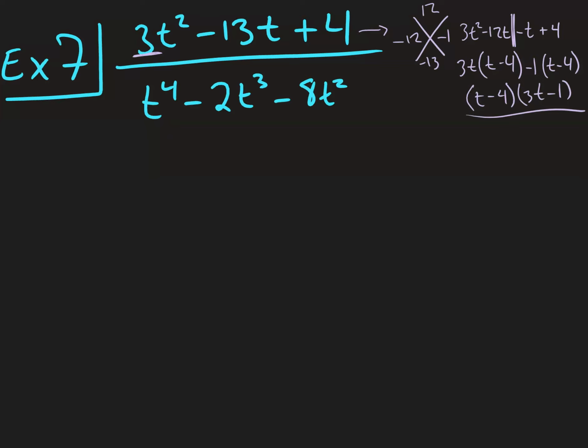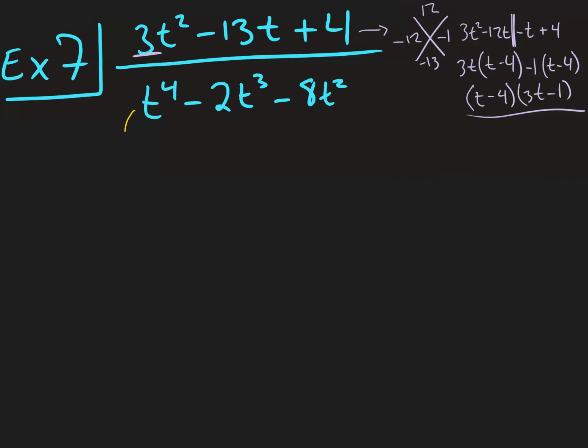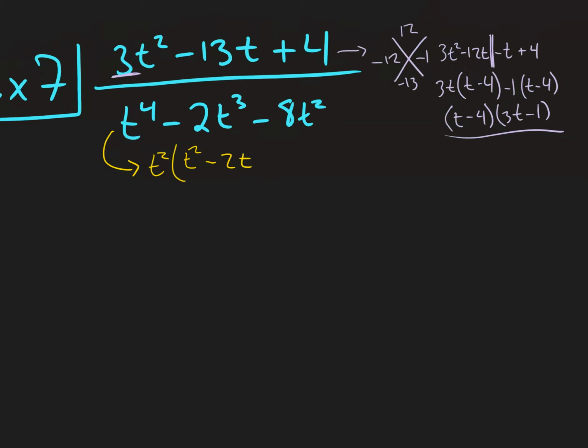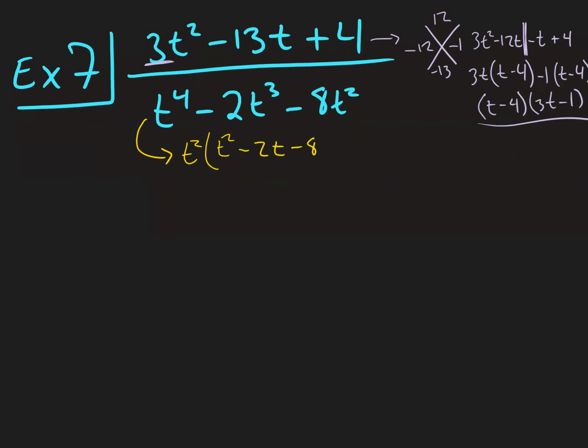Now to factor the denominator. So for the denominator, I will go ahead and first factor out a greatest common factor. All three terms have a t squared in common, which would leave me with t squared minus 2t minus 8. Of course, this is a pretty simple factoring that we can do.